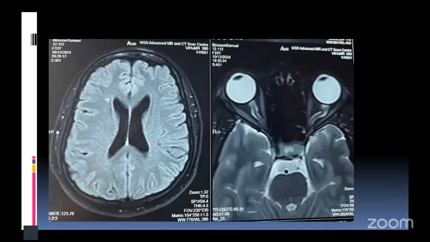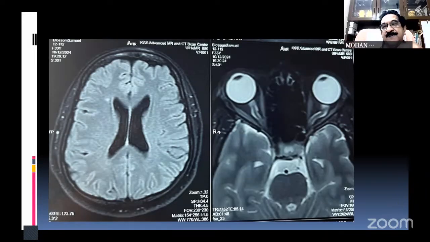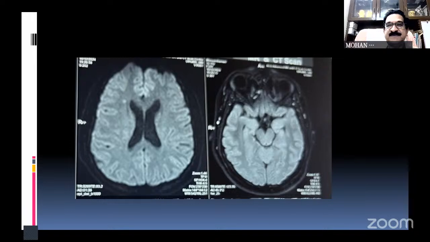MRI brain. Okay. This is the MRI brought by the patient, both the orbit and the brain. Both are normal. Orbit only, this axial cut is there. This is the brain MRI.